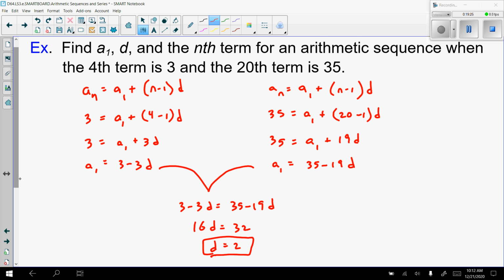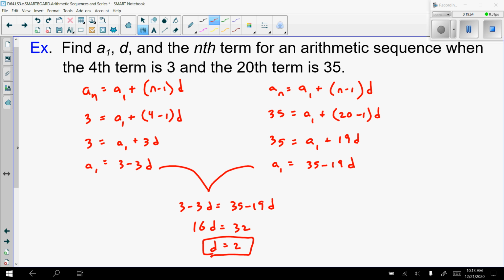I was looking for a d, and now I'm looking for a sub 1. Well, that should not be too difficult to find. As long as I plug the d back into one of these equations, I'll be able to get that. And if I plug it in here, I think we can see I'll get 3 minus 3 times the 2. Well, that's 3 minus 6, so that would be negative 3.